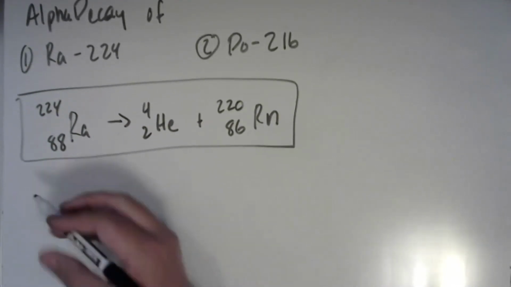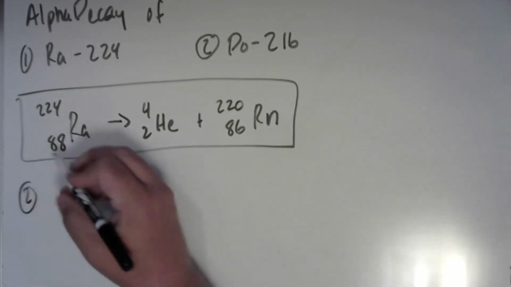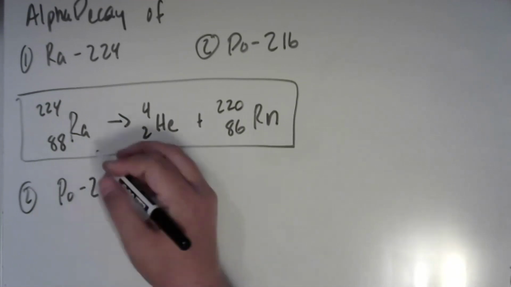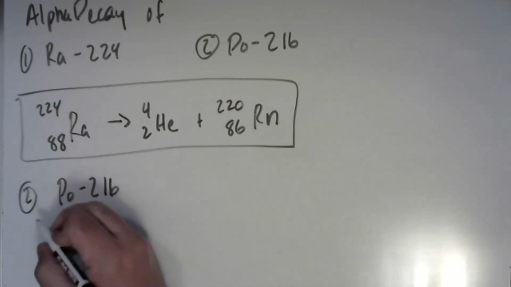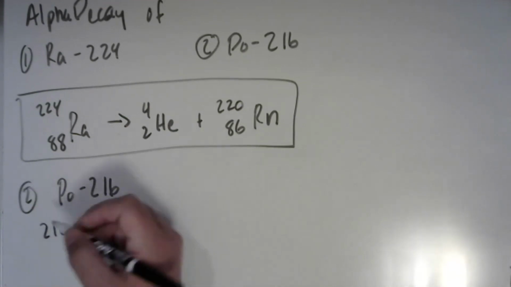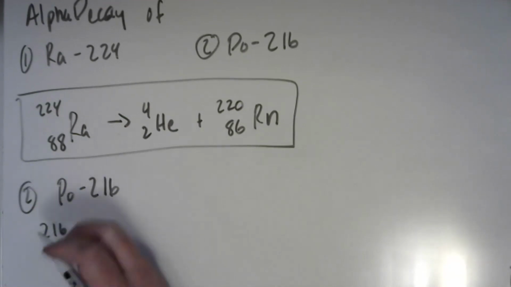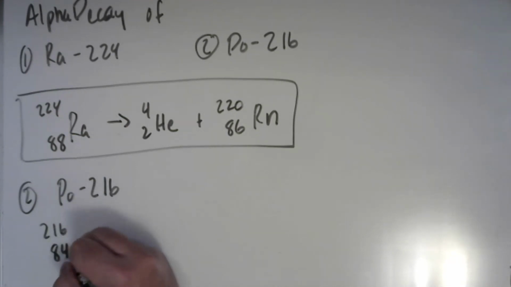All right, for my next example, I've got polonium 216. Okay, so I can rewrite this. I'll look up polonium on the periodic table. It's atomic number 84.